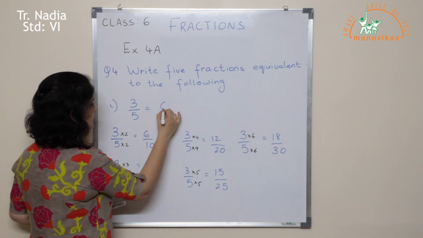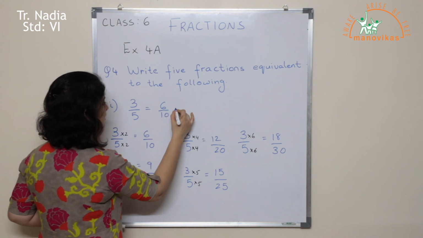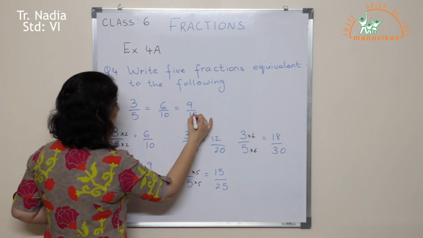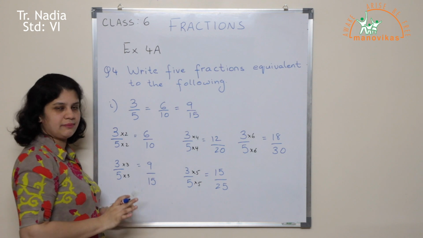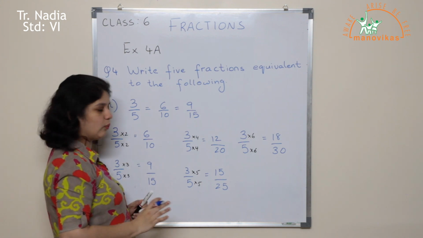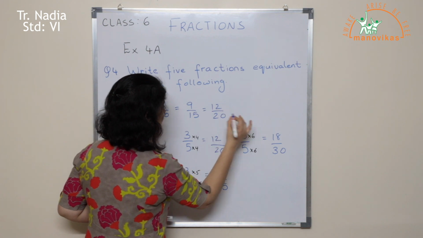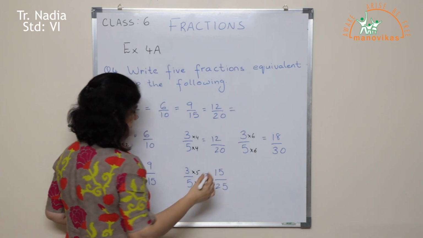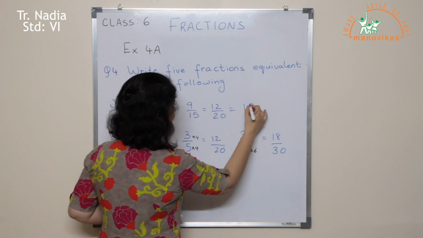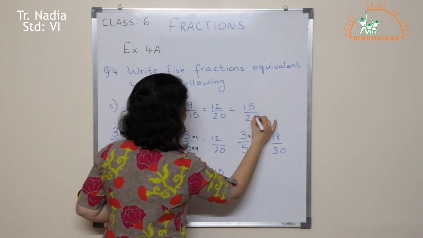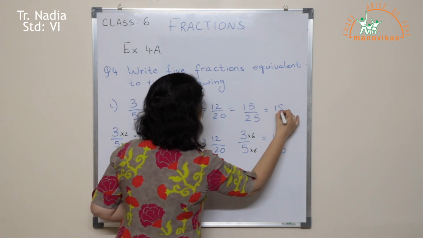Let us write them here. 6 upon 10 is the first one. 9 upon 15 is the second one. You can put an equal sign because they are basically all equal in value. 12 upon 20. 15 upon 25. And 18 upon 30.